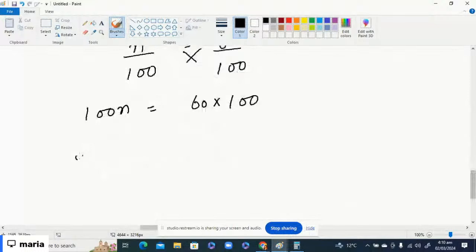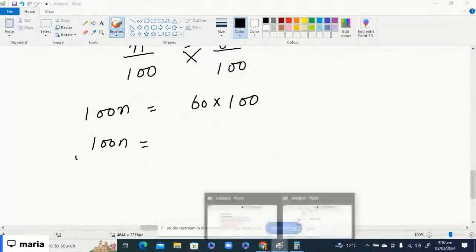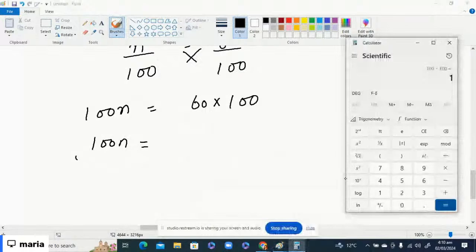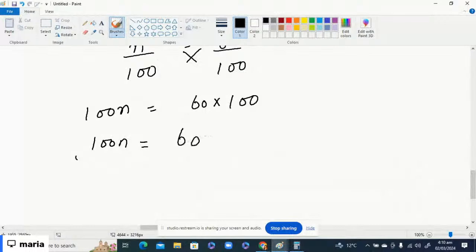By using a calculator, what's the answer of 60 times 100? The answer is 6,000. Okay. Now divide on both sides by 100.